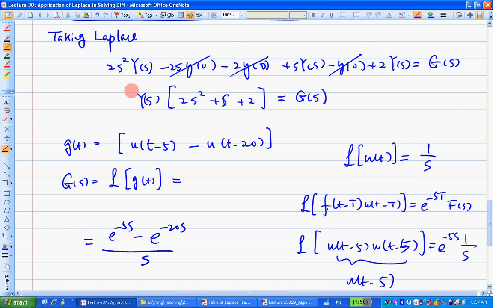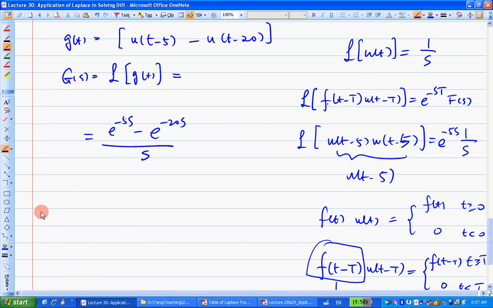Now I can solve for Y of s, which is e negative 5s minus e negative 20s over s times 2s squared plus s plus 2. So that's Y of s, okay?